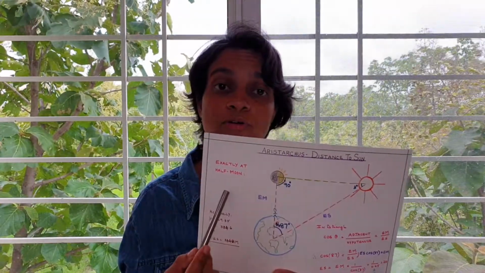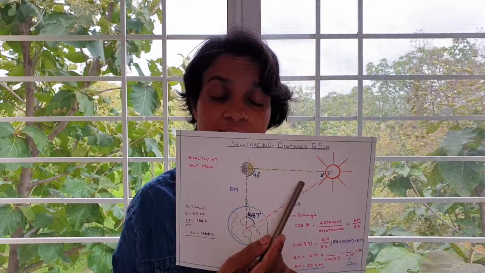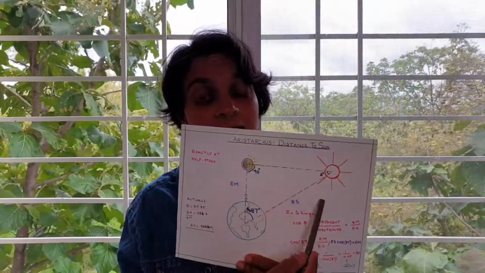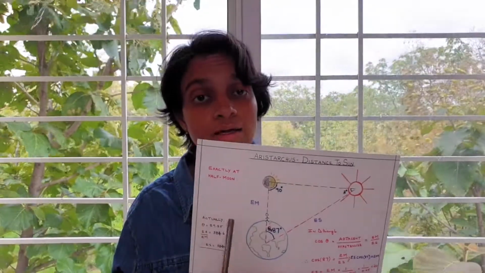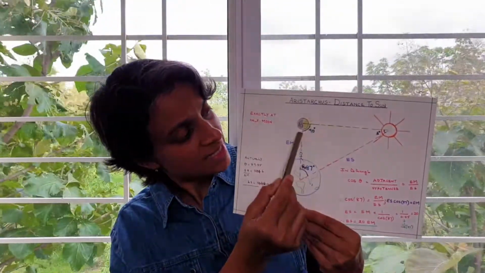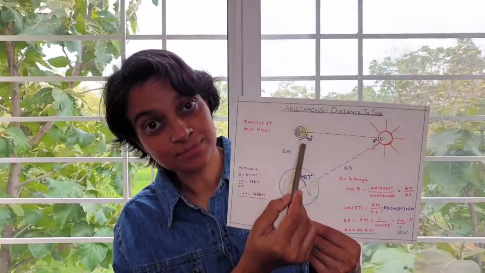Exactly at half moon, the rays of the sun incident on the moon and the rays of the sun incident on earth form a right angle triangle, and that makes this angle 90 degrees.